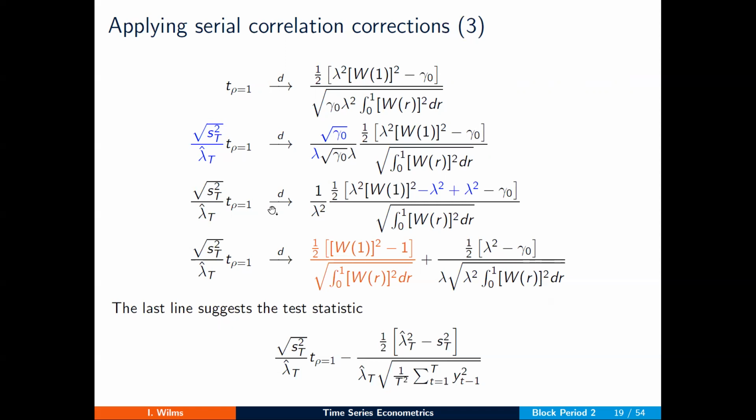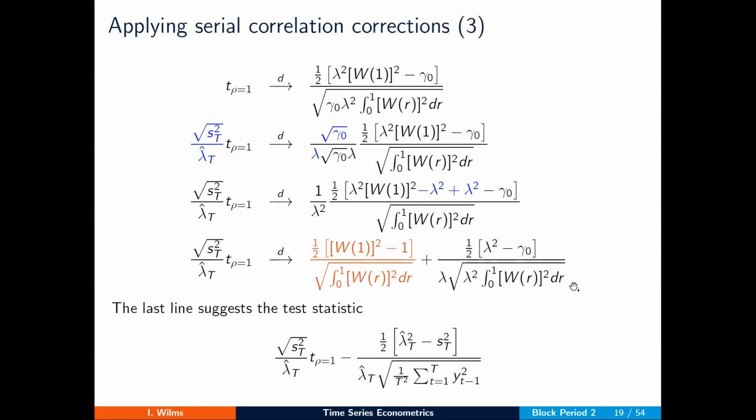On the next line, I then do the same trick from before, subtracting and adding the long-run variance such that I can regroup my limiting distribution in one part that is free of nuisance parameters and another part that contains the nuisance parameters.